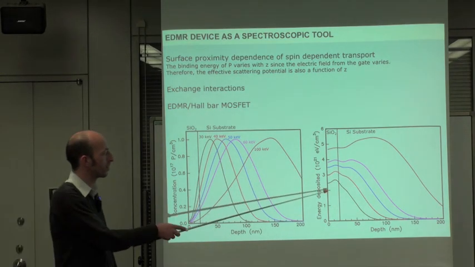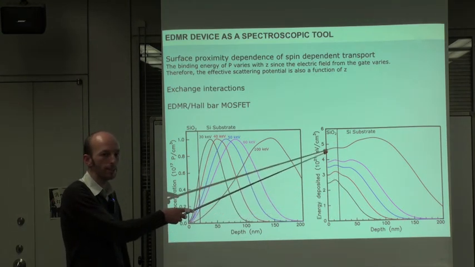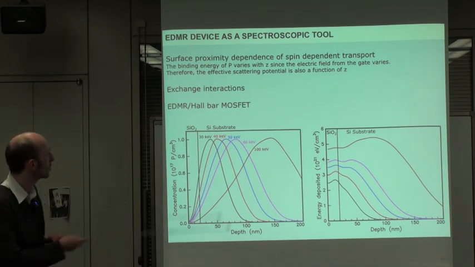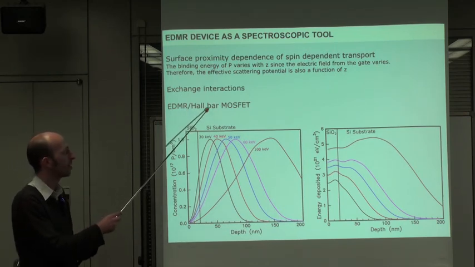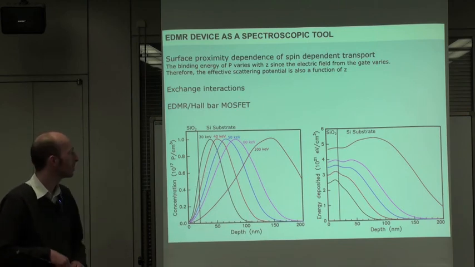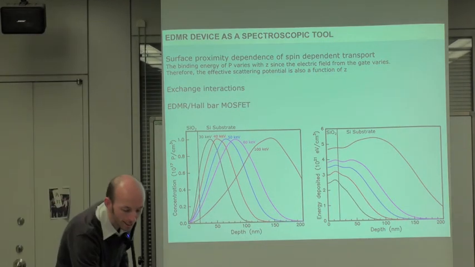And we can also perhaps control the number of defects at the interface as well to see what effect that will have on the phosphorus. We're also going to make an ADMR Hall bar type MOSFET device so that we can do mobility measurements at the same time with exactly the same device.